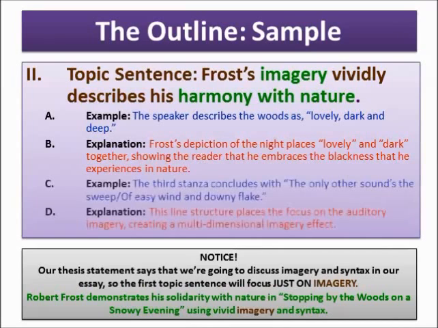We are going to repeat that process. For item C, we're finding a second example of imagery in Frost's poem. And for item D, we're explaining how that second piece of imagery shows Frost's cohesiveness with nature.